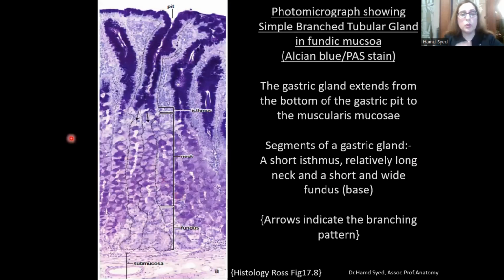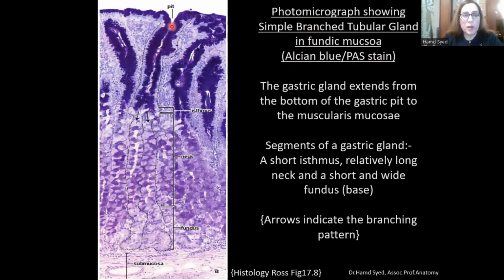So here now we're going to focus on the gastric glands, and this is a histomicrograph which has been stained by the special stains alcian blue and periodic acid-Schiff stain. And here you can see the simple branched tubular glands in the fundus of the stomach. So here we're going to look at this portion over here.